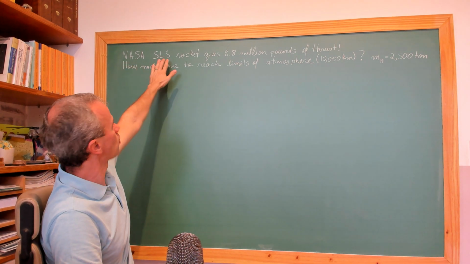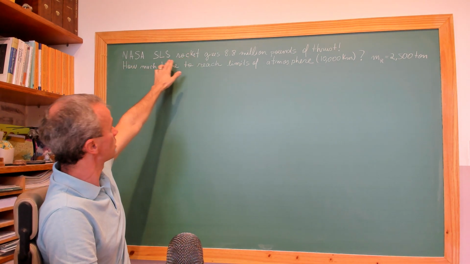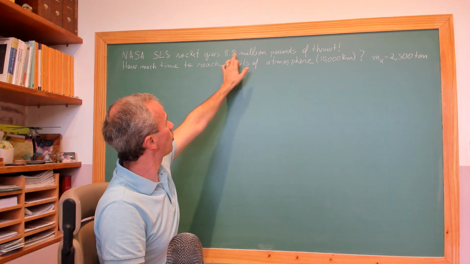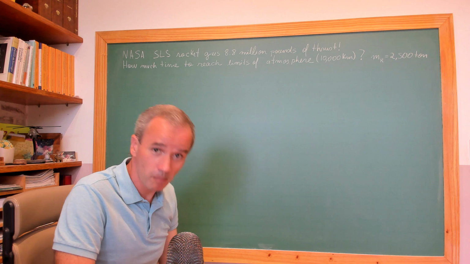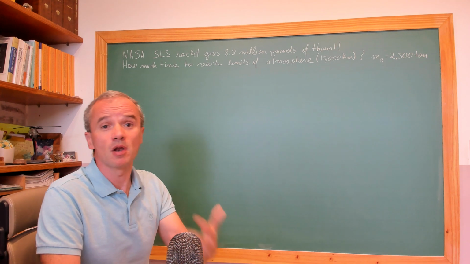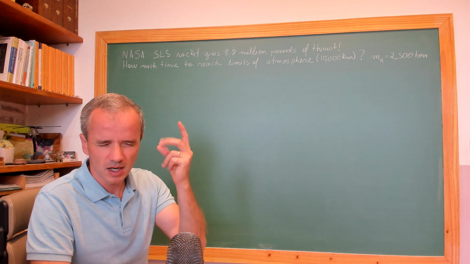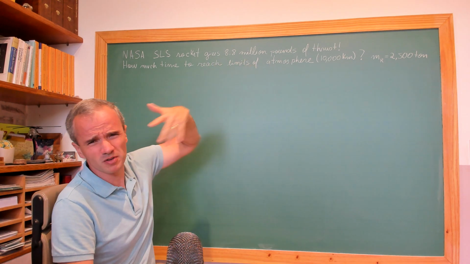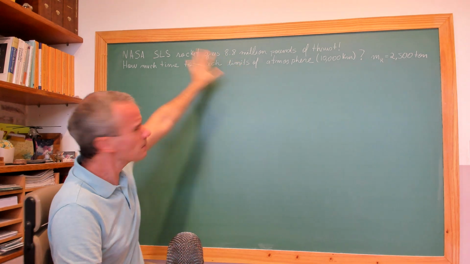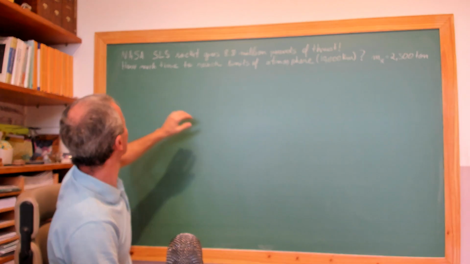So NASA has very powerful rockets, the SLS rockets, with 8.8 million pounds of thrust. As you know, this is the strongest rocket we have on our planet. The second strongest belongs to SpaceX, the Falcon 9, which has around 5 or 5.5 million pounds of thrust. But I'm taking the biggest one in our example.